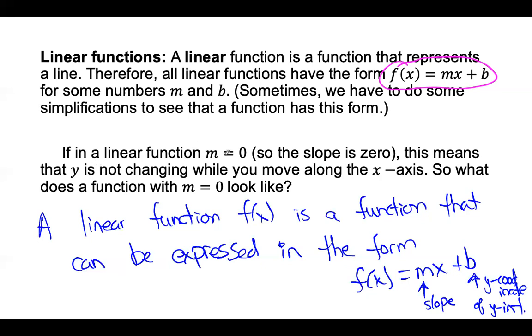So if in a linear function this slope is 0, it doesn't rise. As x changes, y doesn't change essentially. This means that y is not changing while you move along the x-axis. So what does this function with m equals 0 look like?